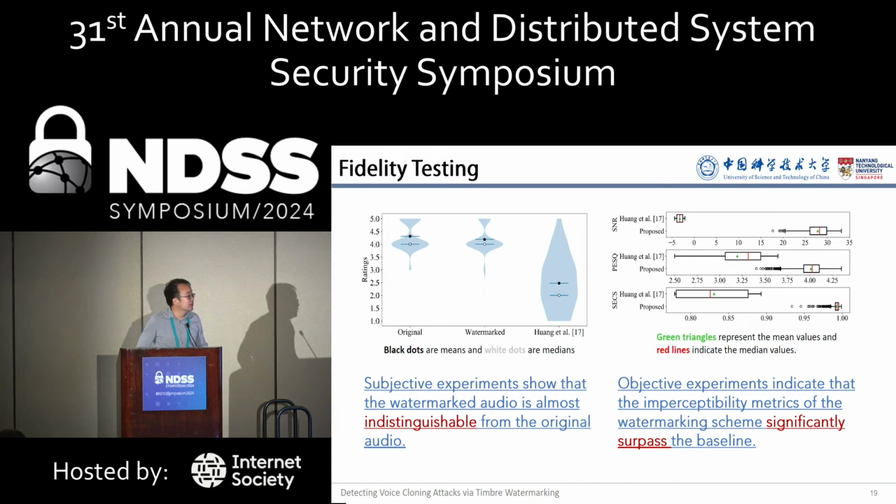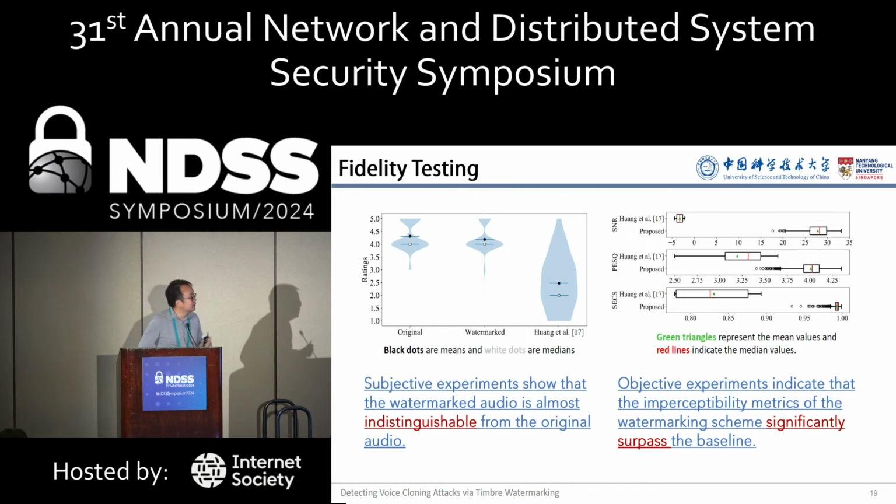In this figure, the left one is the rating of the original audios, the middle one is the watermarked audio from our solution, and the last one is the audio from a baseline from another work. We can see that from those 10 testers, our watermarked audio is very similar to the original ones, but the baseline actually has a very different distribution.